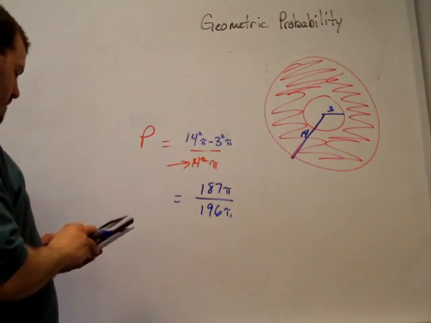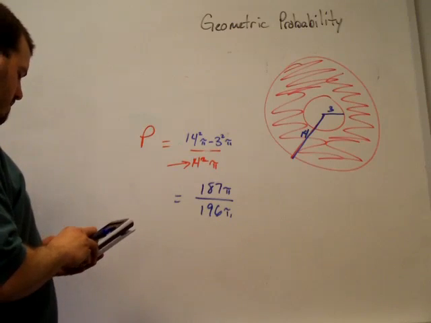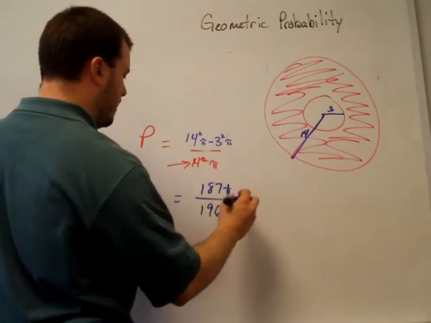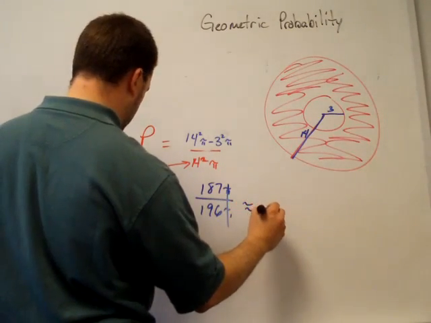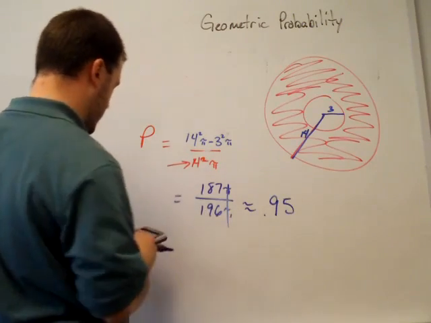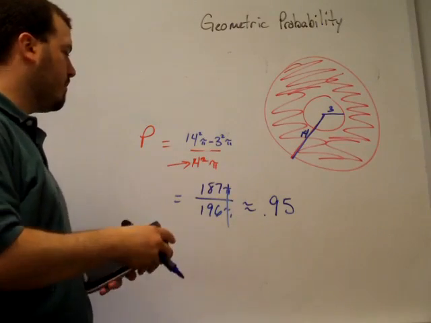So we can type that in, 187 divided by 196, the pi's do cancel. So our decimal approximation would be about 0.95. And as a fraction, it was already reduced.